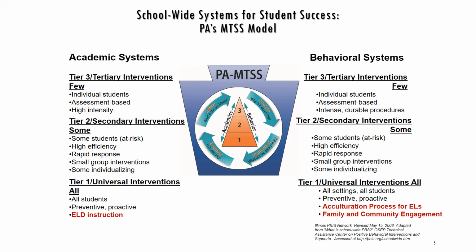So in MTSS, we have two sides of this pyramid. One side is the academic system, which is a tiered system. We have 3 tiers in which we provide the supports necessary for these children to actually achieve, for all children.